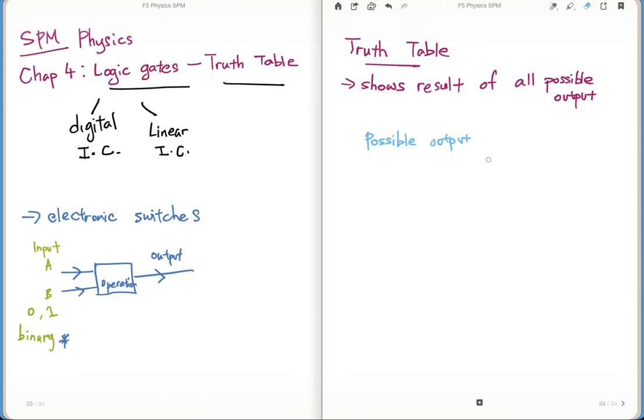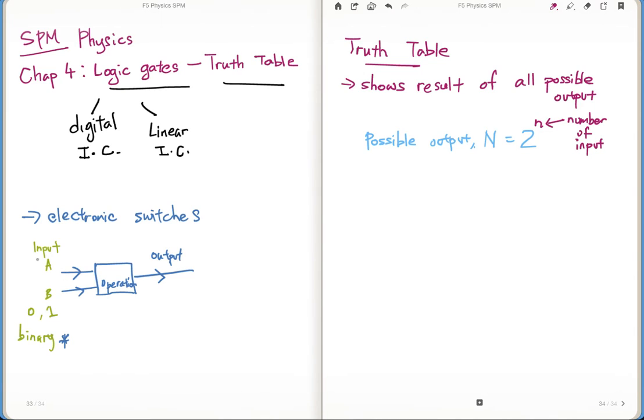Your output could be either on or off, and the same goes for your input. So the possible output number equals 2, for on and off, the binary system, to the power of n, where n is the number of inputs.